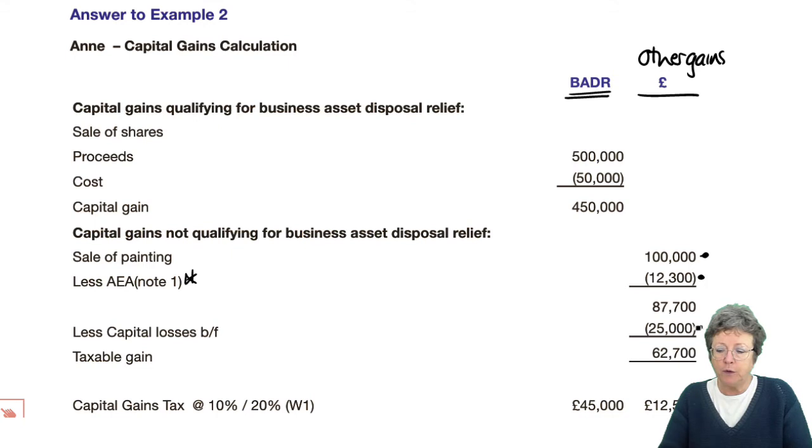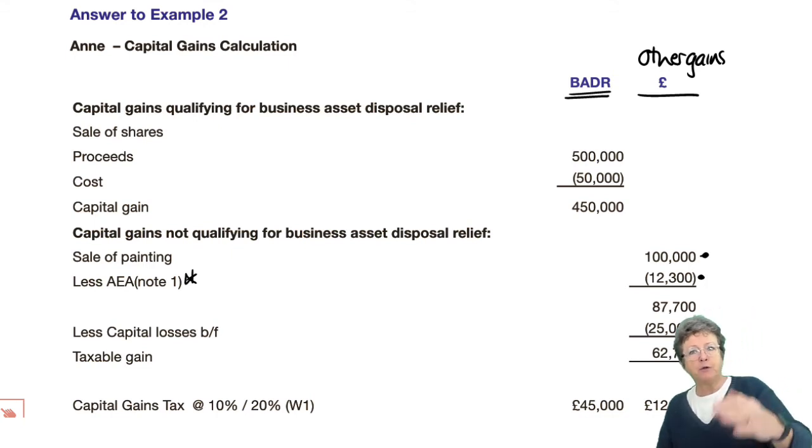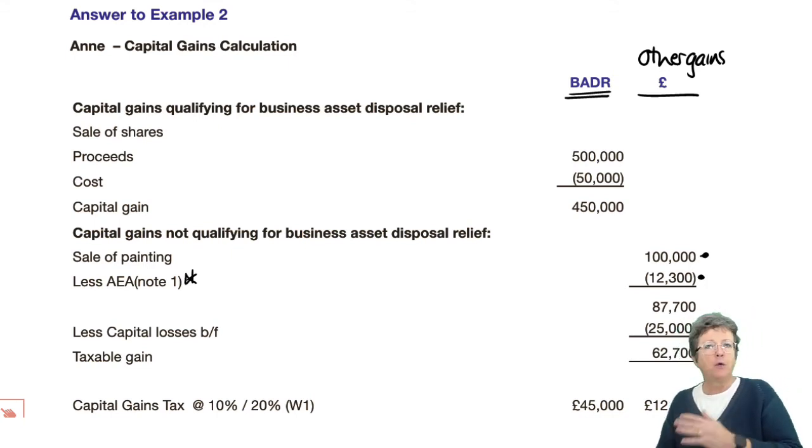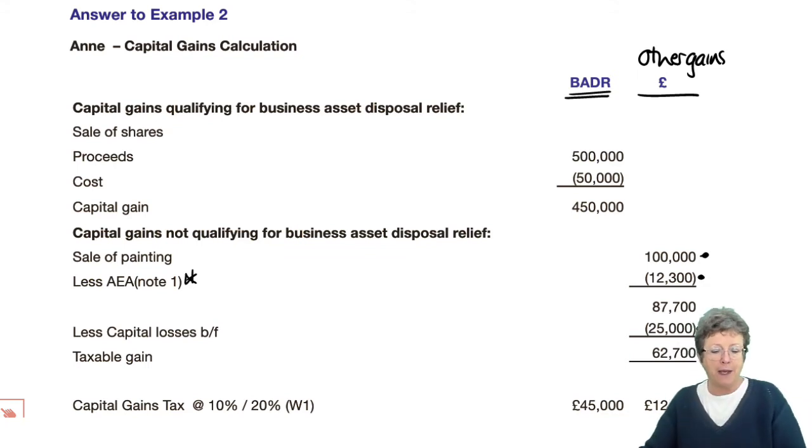Losses brought forward. Now, the process, the pro forma, is exactly the same all the way through these chapters. Proceeds less cost equals gain. If you've got several, you do either a little indentation or a little workings like this. You could set it up beforehand, which I would advise. Add in the bits that you can add in. Do the workings, bring your answers back to this.